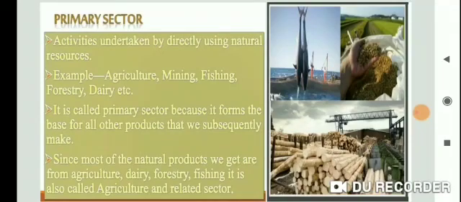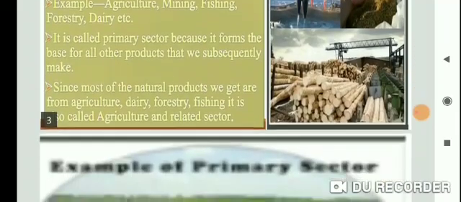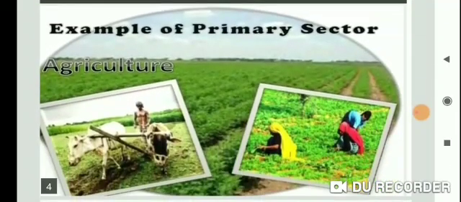The primary sector exploits natural resources to produce goods. For example, this picture shows agriculture, which I have already discussed in this chapter: natural resources, water, land, vegetation, fishing, farming. That is the primary sector.